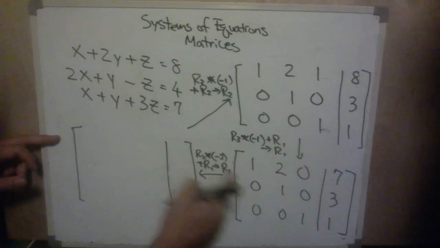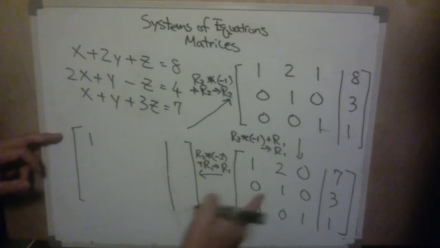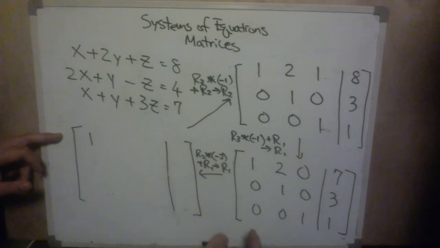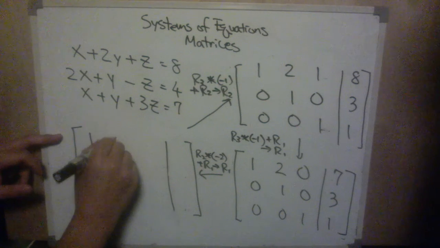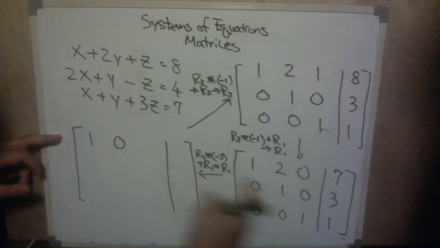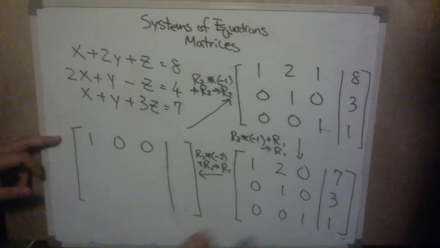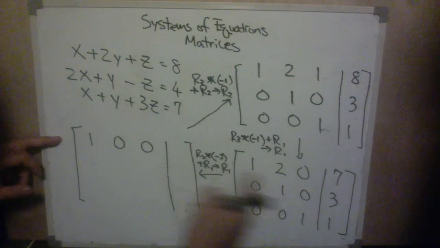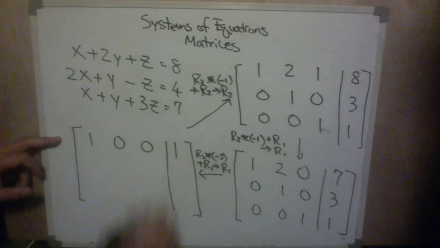0 times -2, that's 0, plus 1, that's still 1. 1 times -2, that's -2, plus 2, that's 0, and that's what we want. 0 times -2 plus 0, that's still 0. 3 times -2, that's -6. -6 plus 7, that's 1. Like that.